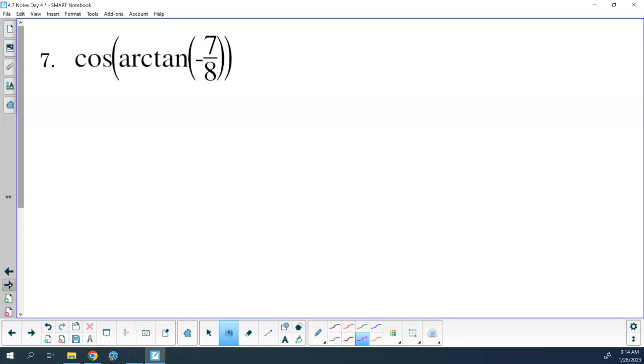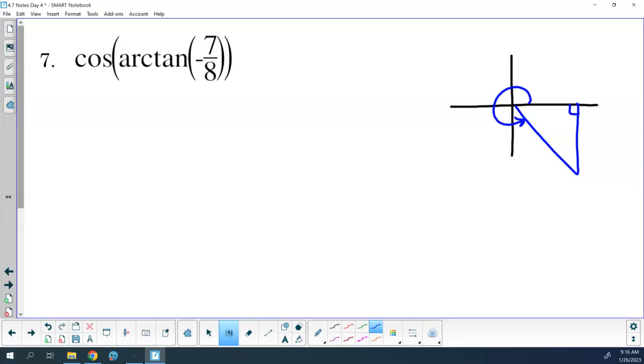All right, go for it. Tangent's negative in quadrant 4, right?